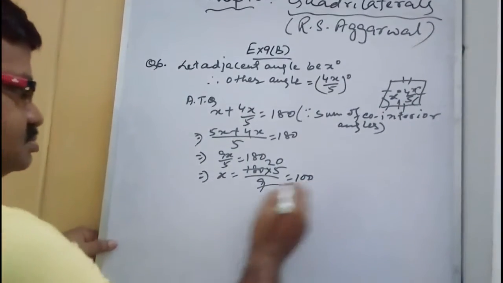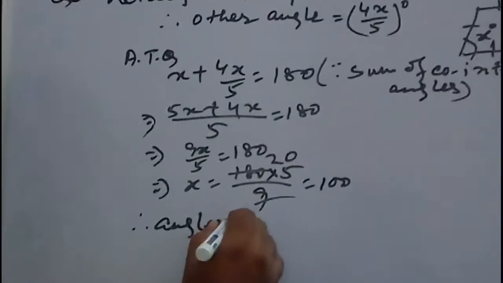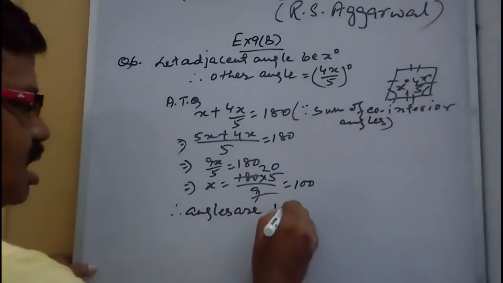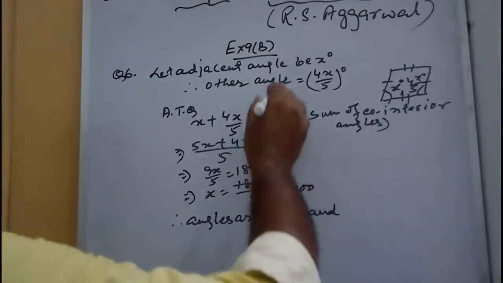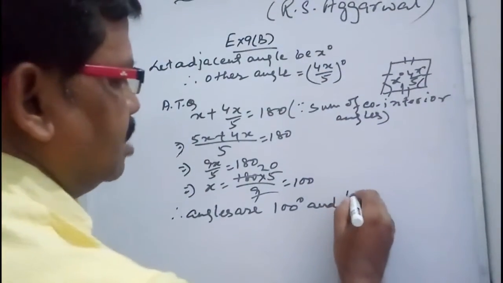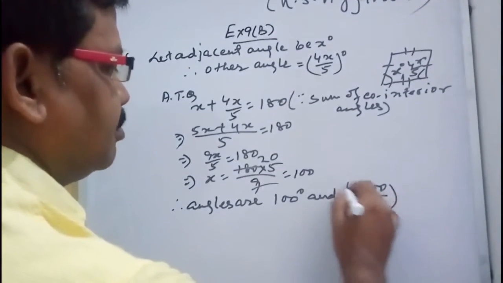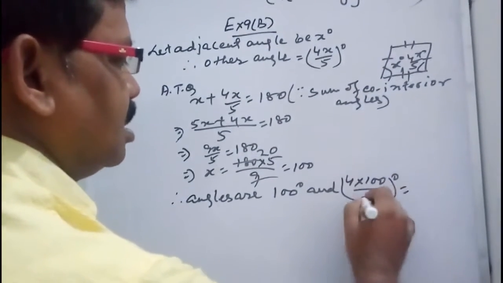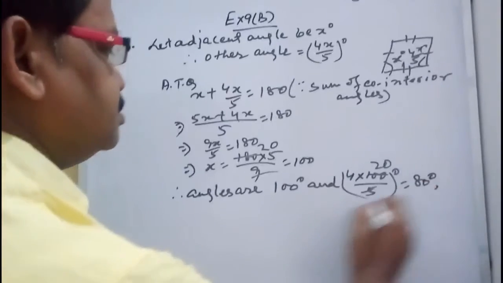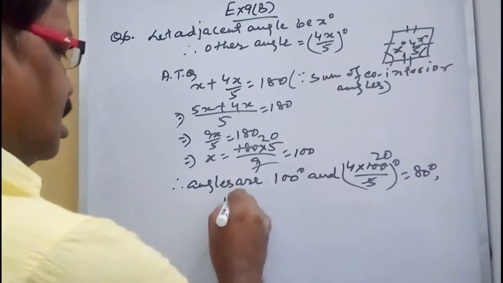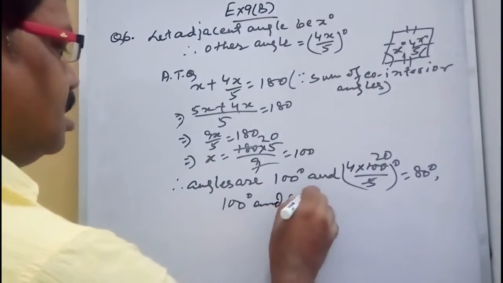Therefore, angles are 100 degree and another is 4x by 5. So 4 into 100 by 5, 20, 80 degree. 100 degree and 80 degree.